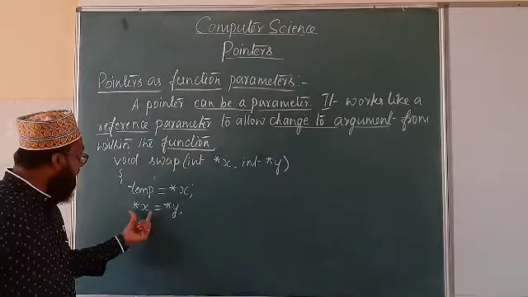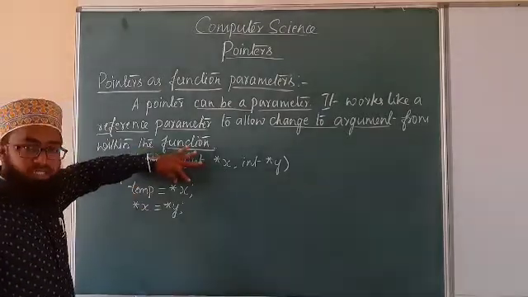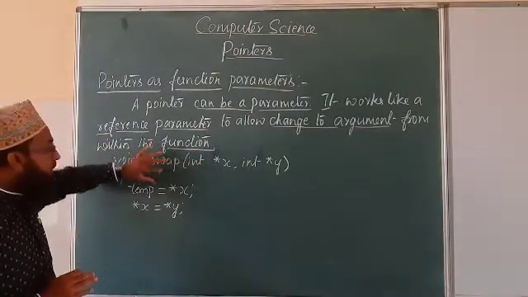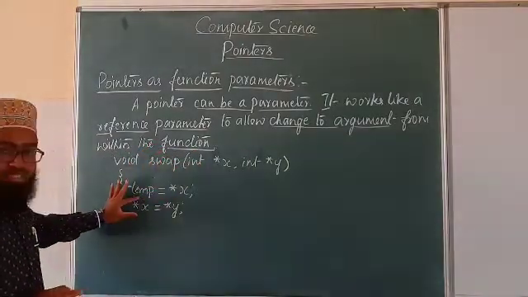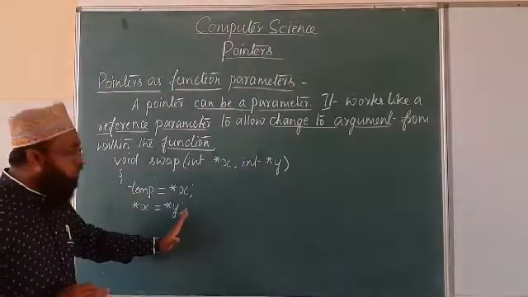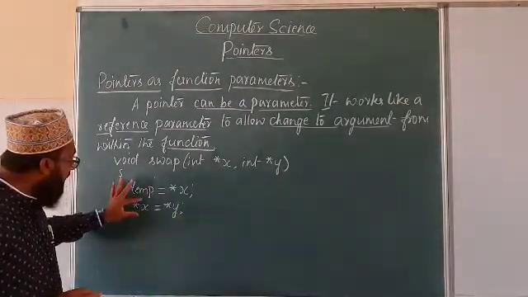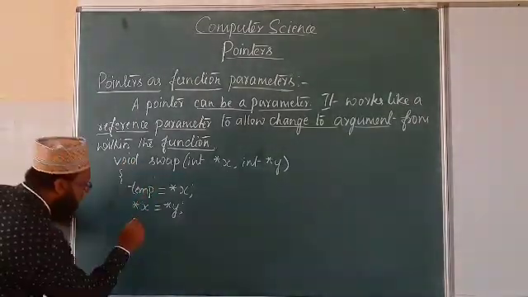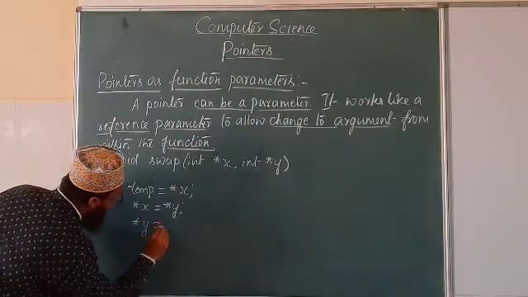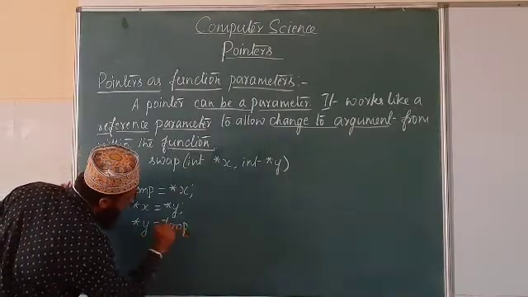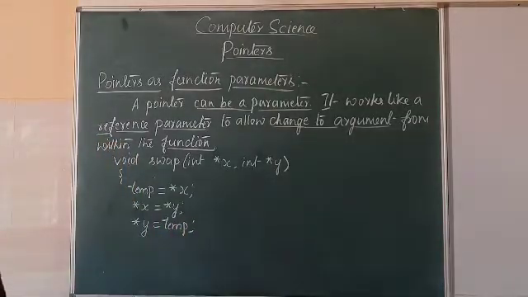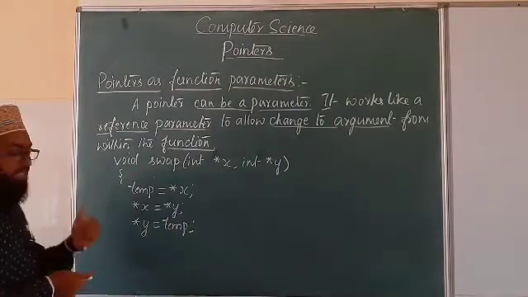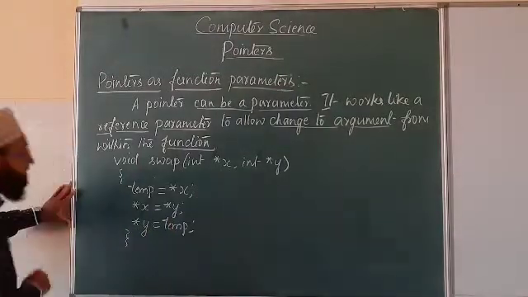So temp is equal to *x, both *x and temp are the same. Now *x has been assigned the value of *y, and the old value of *x, that is temp, will be assigned to *y. That is, *y is equal to temp. This is how a pointer acts as a parameter. After that, close this one.